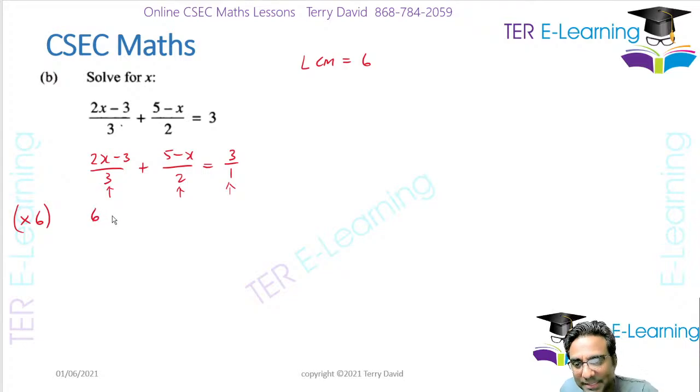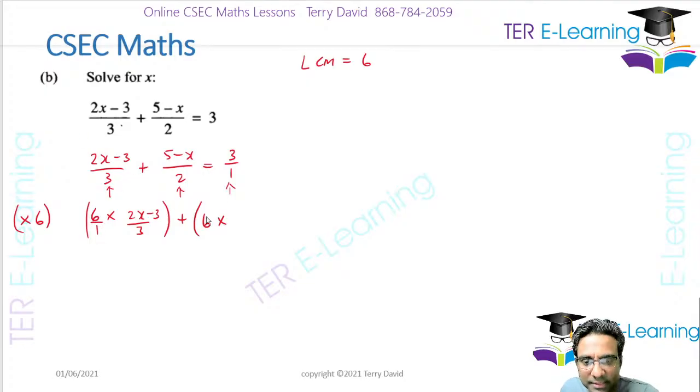We're going to say 6 multiplied by 2x minus 3 over 3. So that's my first term I've multiplied by 6. Plus, I'm going to say 6 multiplied by, hold on, I'm going to put 6 over 1 here because I remember students having trouble understanding that.